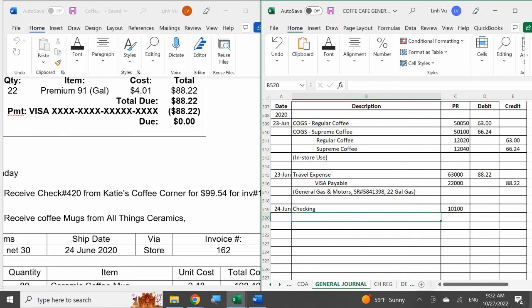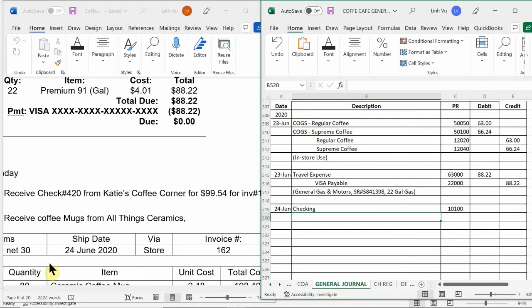It's going to add to the revenue. Not add to the revenue. We already sold to Katie's Coffee Corner for invoice number 101. So we already recorded that we sold to Katie already. But what did Katie promise to do?